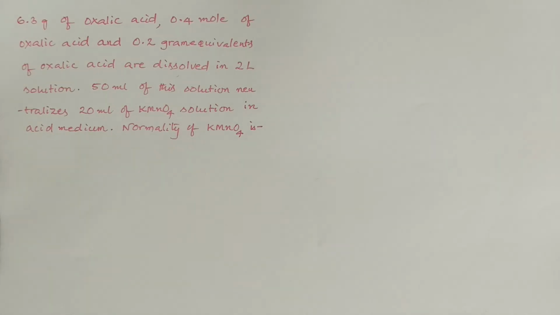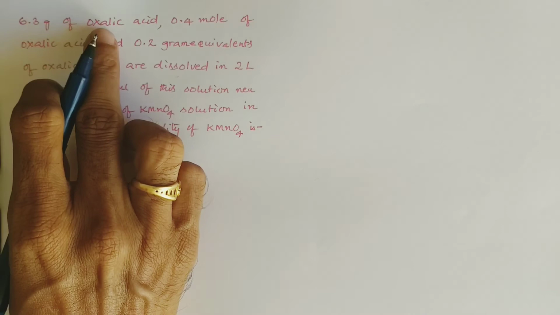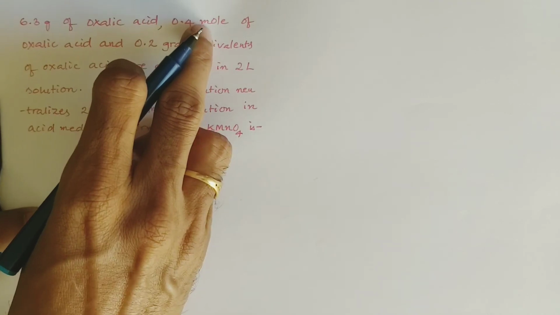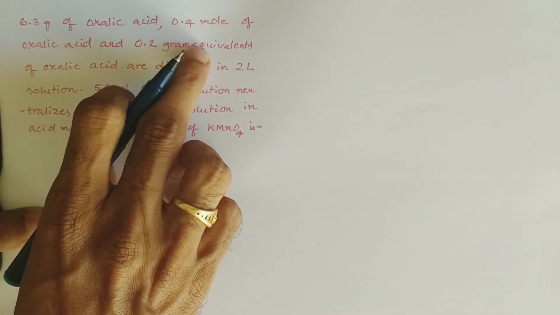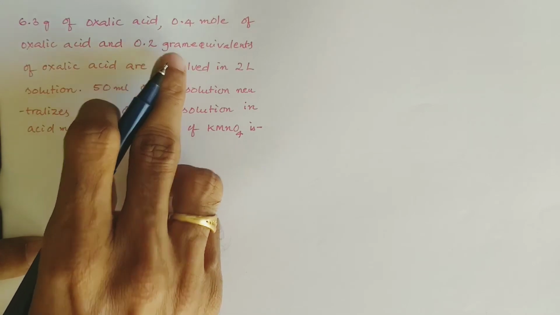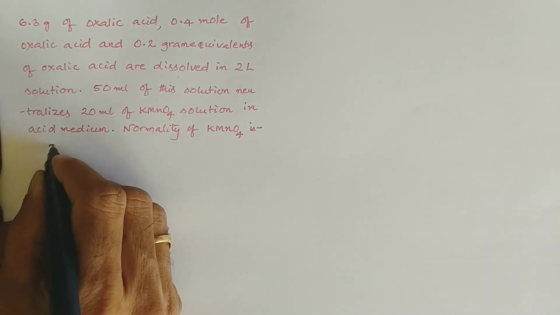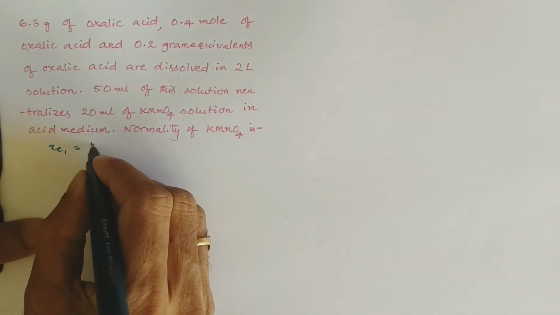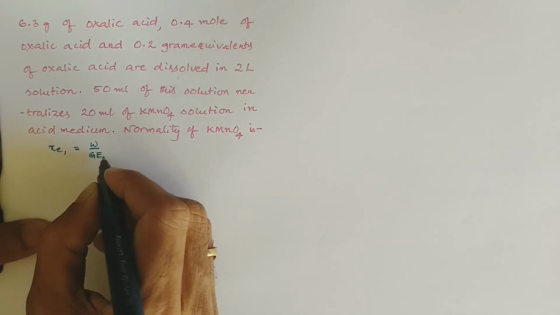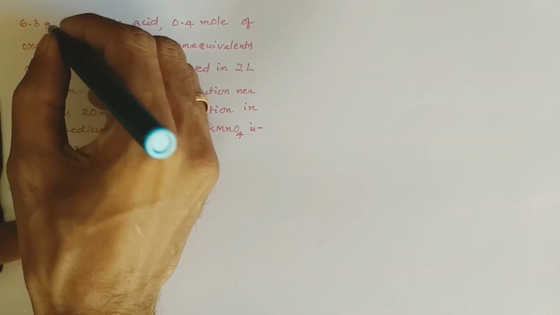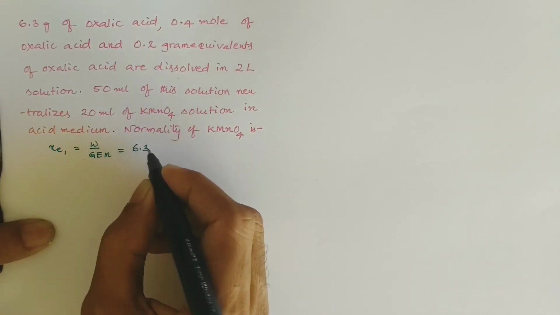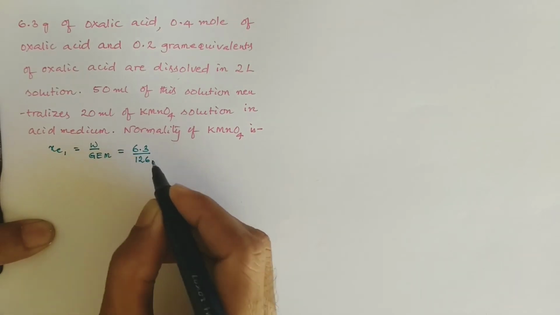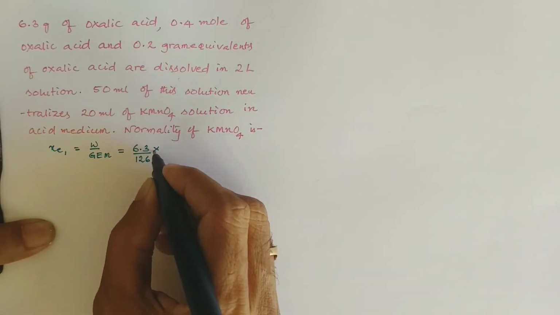So here, first we'll find out the number of equivalents of this, and here gram equivalents are given. We'll add the number of equivalents, so the total number of equivalents will be obtained. Let the number of equivalents in the first solution be Ne1, that is equal to mass by gram equivalent mass. What is the mass of oxalic acid? 6.3 gram. And the gram equivalent mass of oxalic acid is molar mass divided by basicity.